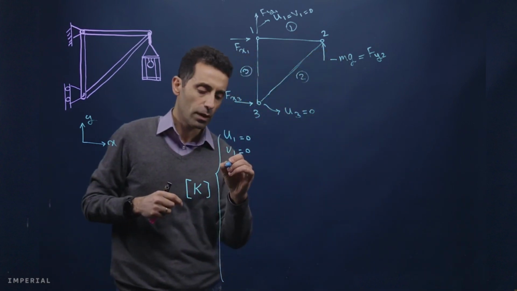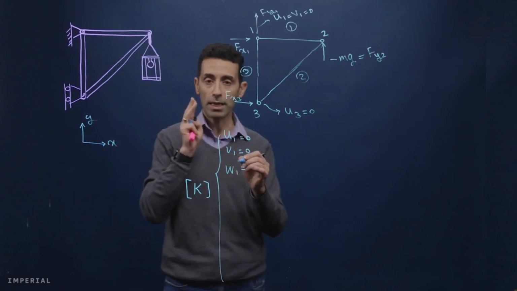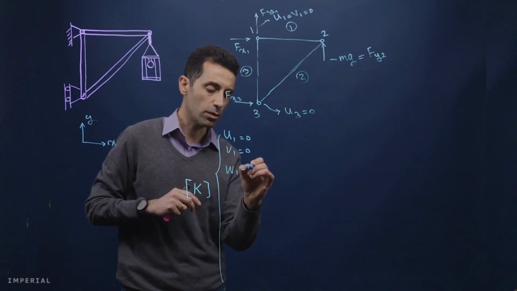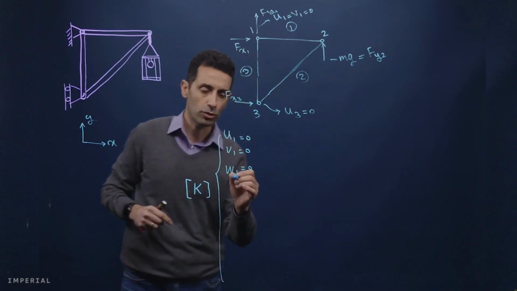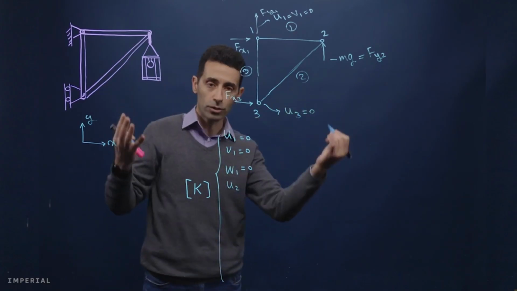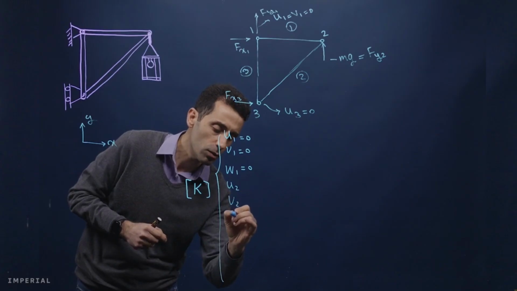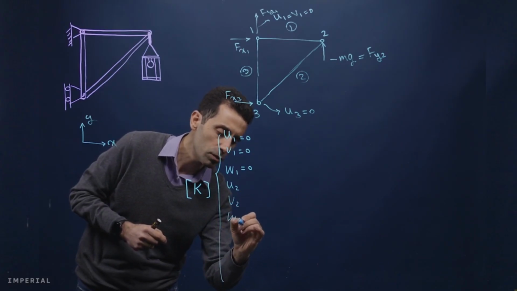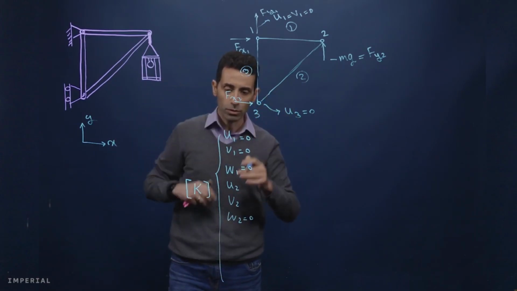So that means that I can put w, which is displacement in the z direction, equal to 0. Okay? And I will just continue for node number 2. So u2. No boundary condition is applied on u2, so this is unknown. v2 unknown. w2, as I mentioned, we fix displacement normal to the plane.